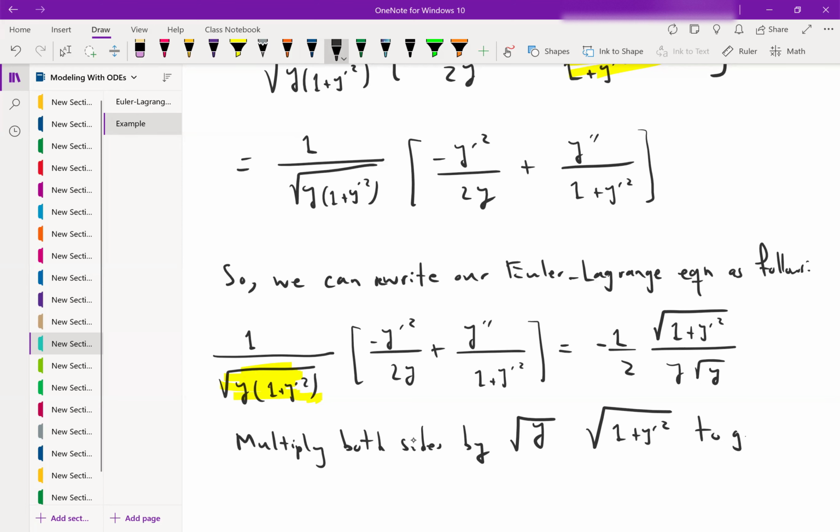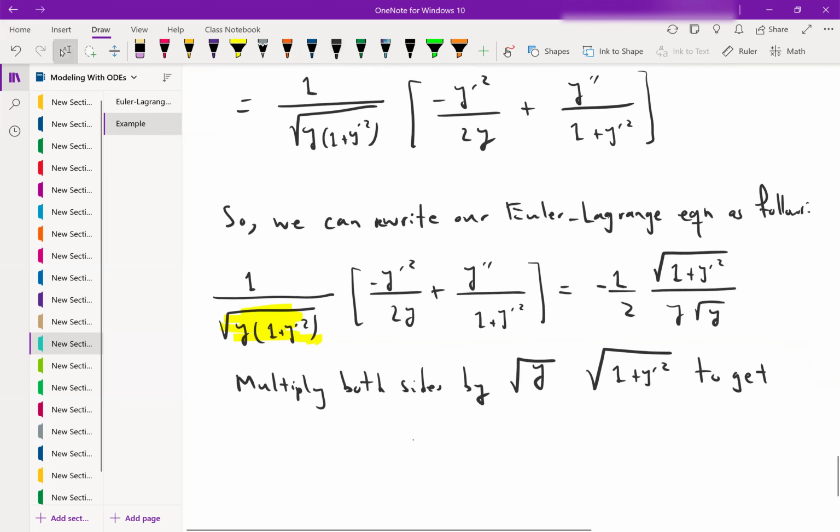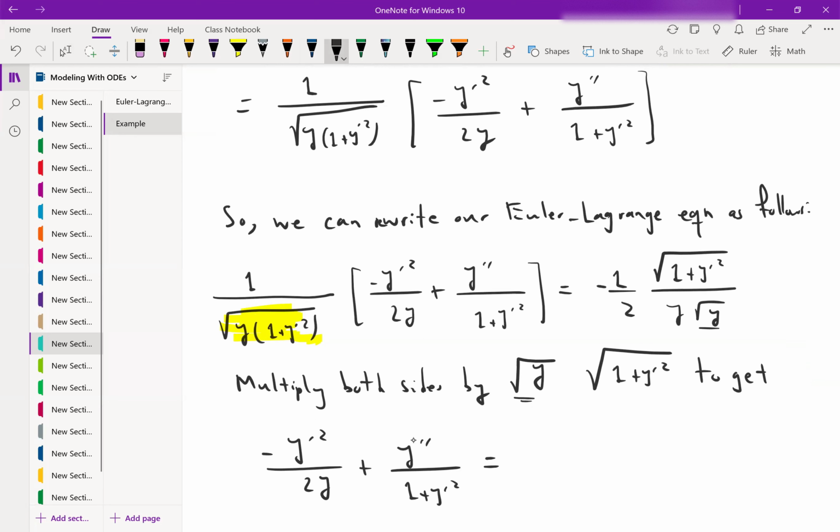To get, on the left-hand side, we will be left with negative y prime squared over 2y plus y double prime over 1 plus y prime squared. On the right-hand side, the square root of y and the square root of y, they cancel each other. The square root of 1 plus y prime squared times the square root of 1 plus y prime squared just gives me 1 plus y prime squared. So it will be negative 1/2 times 1 plus y prime squared divided by y.